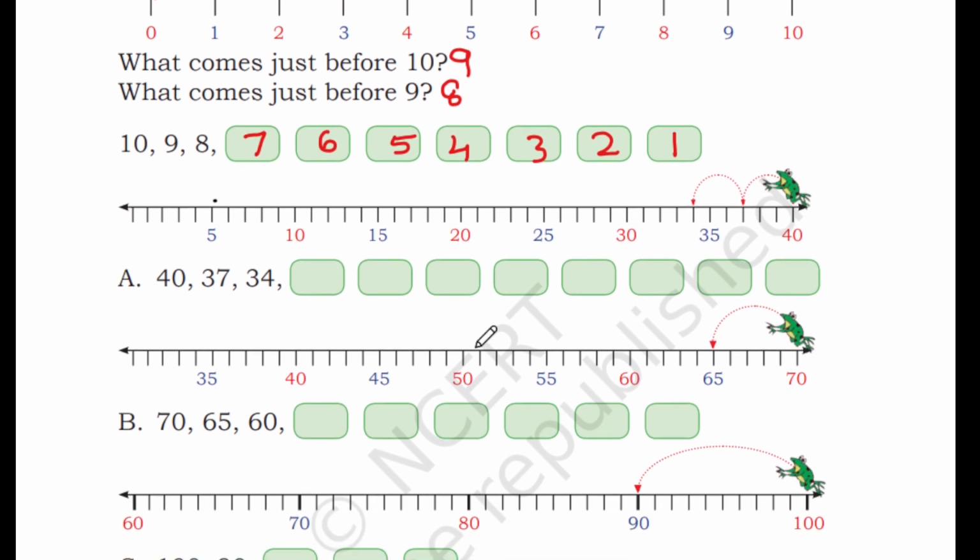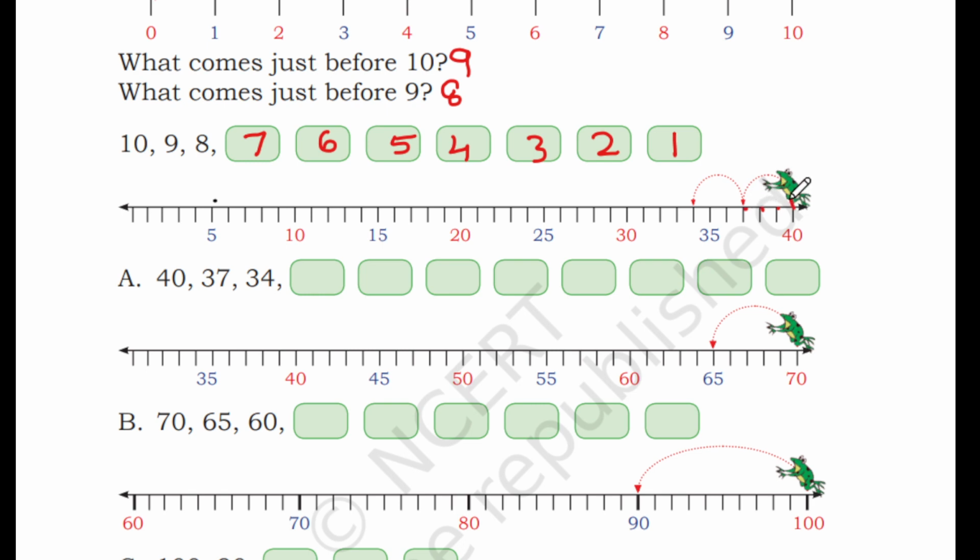So next, if you see, there is a backward jump again, but we have a pattern of jumping. So look at this. This frog starts from 40, and let's count. We have 1. So this one is the first jump here. So let's see how many numbers the frog is skipping. So 1, 2, 3.